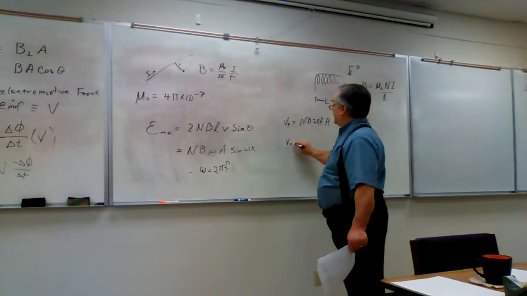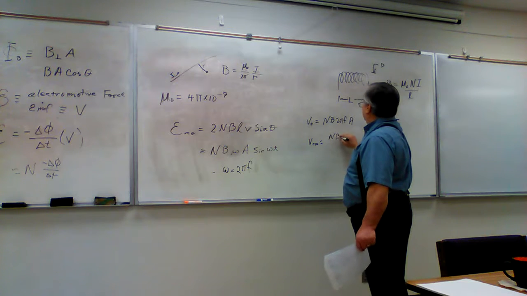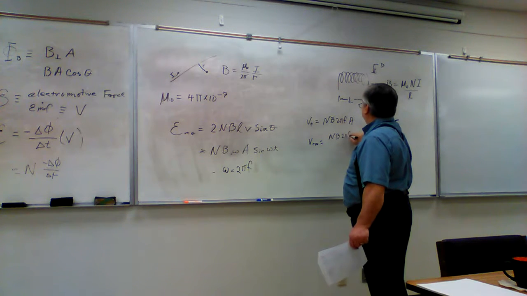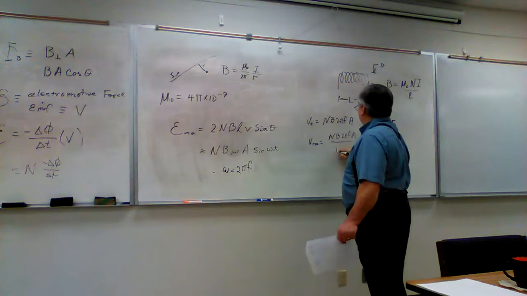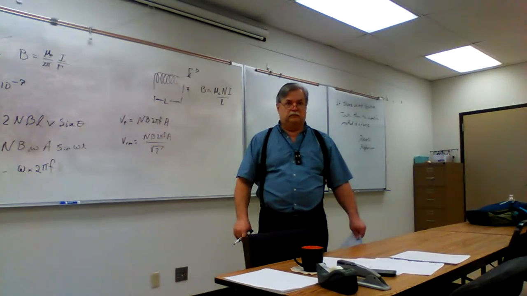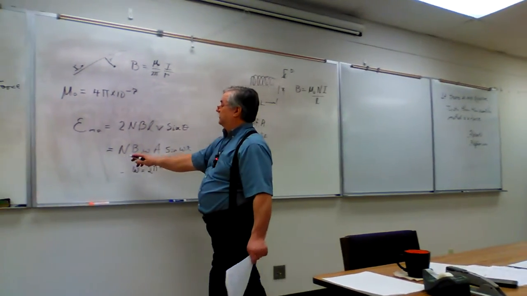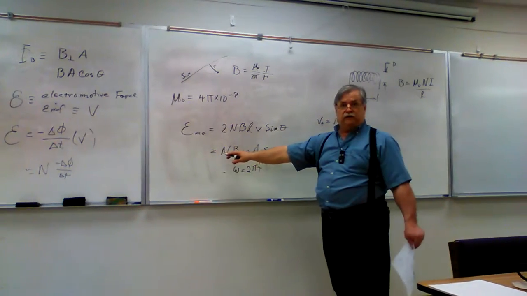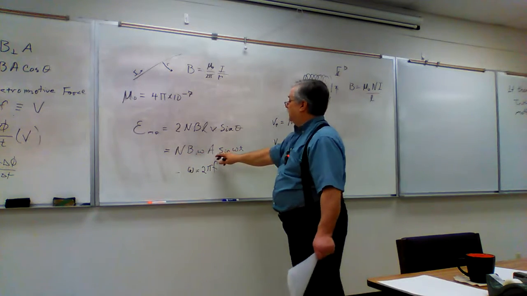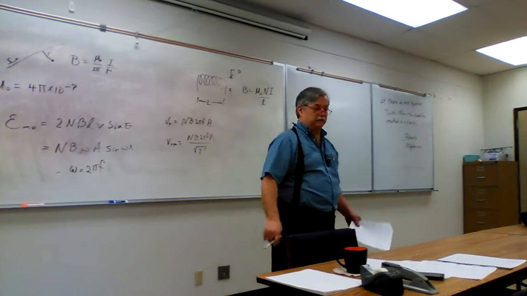If you need the RMS voltage, it becomes NB 2 pi F times the area divided by the square root of 2. The voltage at any point in time, if you were to plot it as a function of time, would be that peak voltage times the sine of omega t.